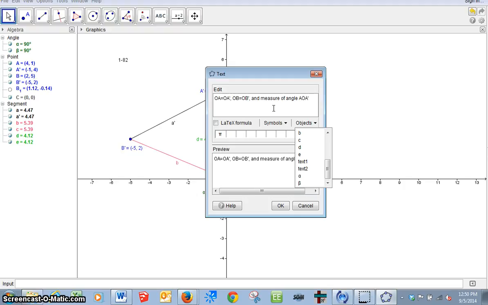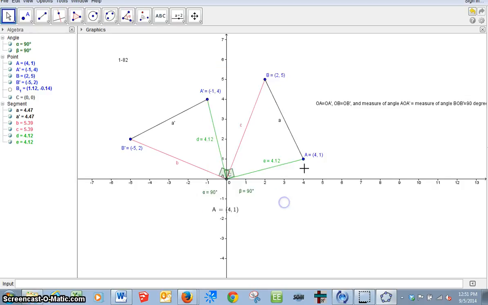The measure of angle AOA prime equals the measure of angle BOB prime, which equals 90 degrees. So 1-82B would be answered like this.